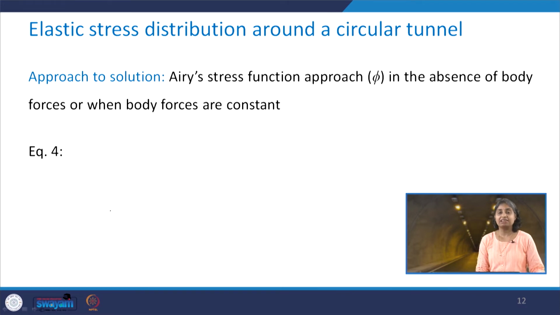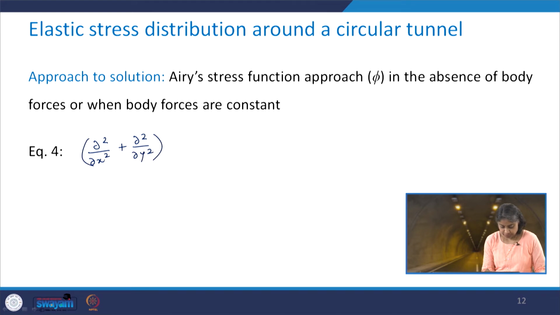So, the compatibility condition was given by equation number 4. Let us write del 2 del x2 plus del 2 del y2, and here it was sigma x plus sigma y. So, let us write it in terms of the stress function. This is what you are going to get, and that is equal to 0.